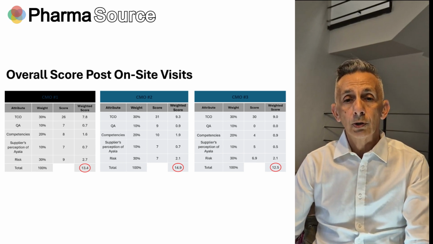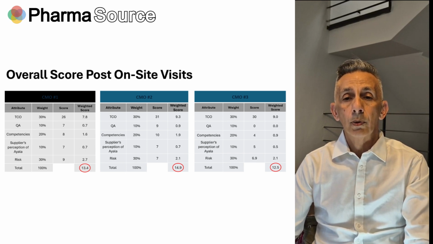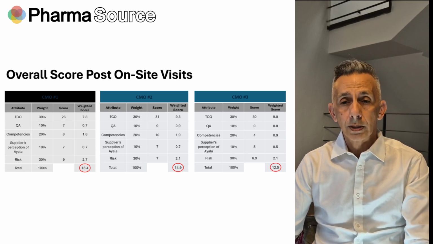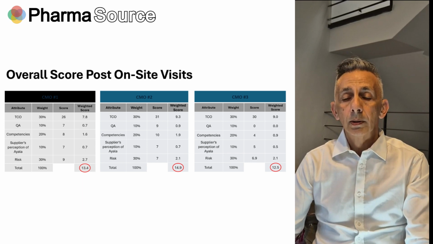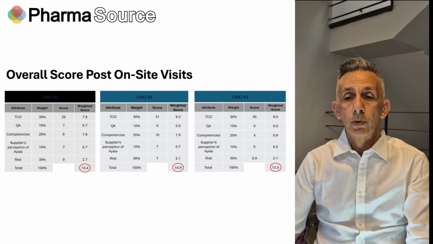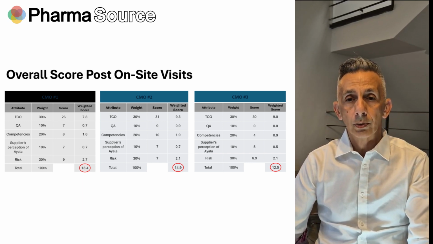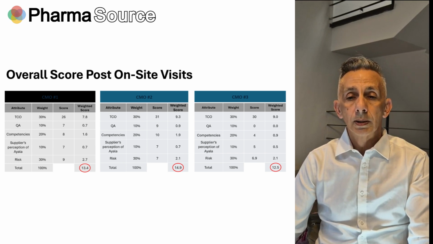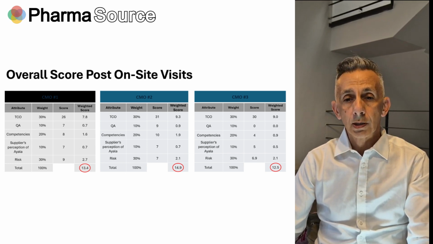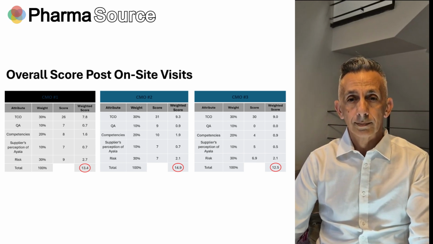If we were judging only by cost, CDMO number 2 and number 3 are quite similar. But since CDMO number 3 got a very bad score on QA, we suggest that CDMO number 2 be selected.